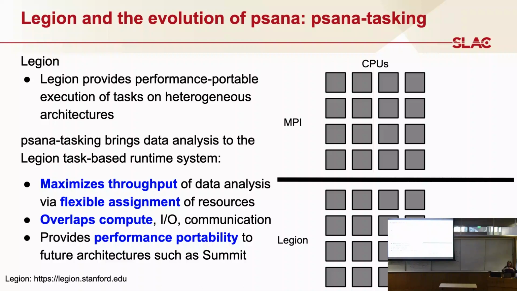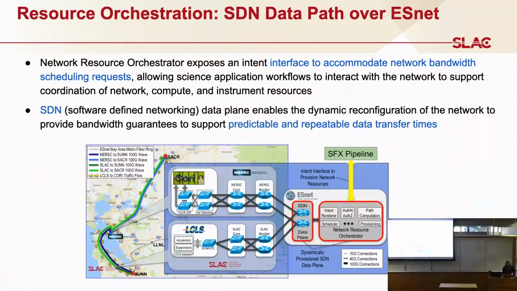So we don't have to wait for all of the data to arrive before we start chugging on it. And it gives us a lot of this performance portability because, like I said, if we want to run at NERSC, then we have to have a CPU-based architecture. If we want to run at Oak Ridge, we want GPU. So it just varies. So I will not talk about that in great detail.